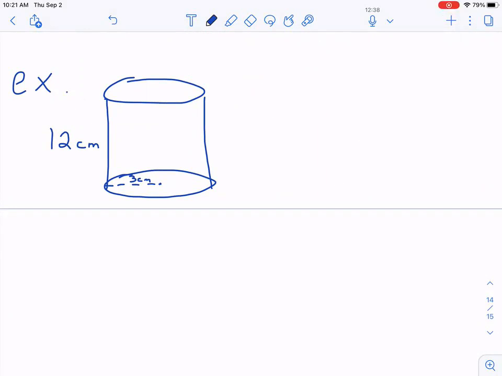All right, so we're going to find the volume of this cylinder. Now, for the problems that we do, especially to start off with, you'll be given the formulas. So the formula for the volume of a cylinder is big B times big H. The big B means the area of the base.